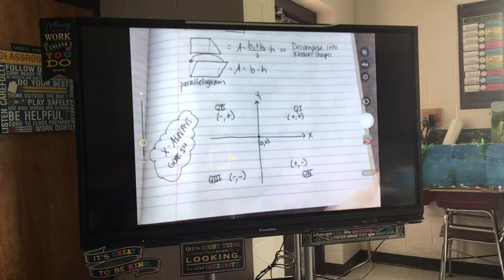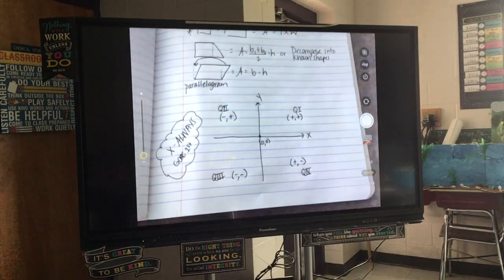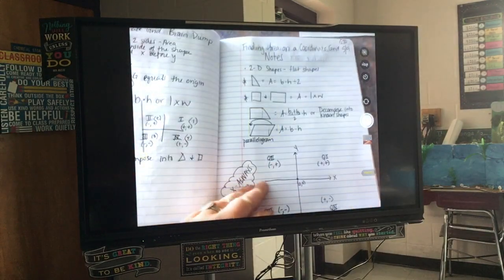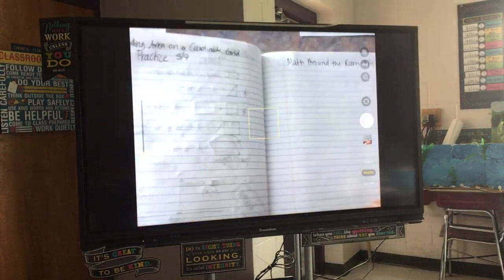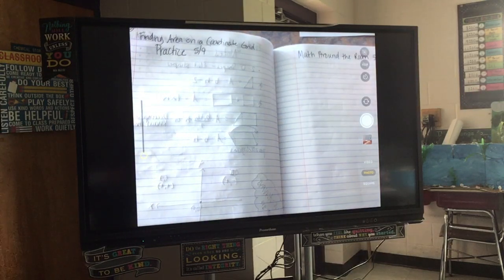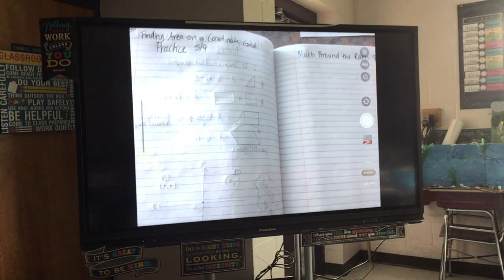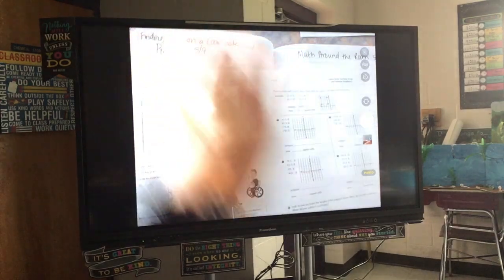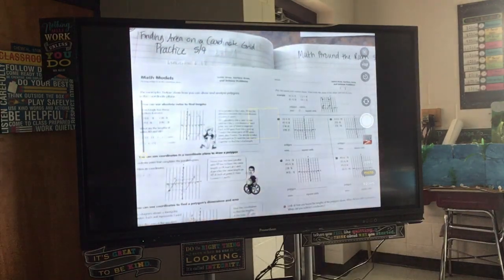All right, go ahead and turn the page then. You need to label the next page area, or finding area on a coordinate grid practice, and then math around the room. And we're going to be working on this page. So get that page out.